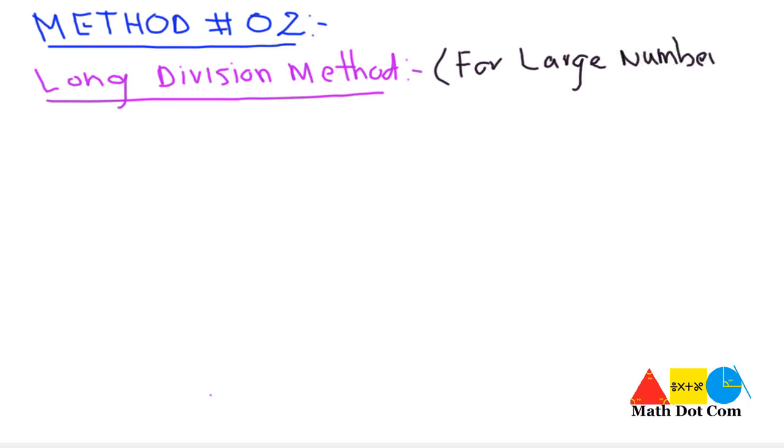So we use the long division method for large numbers so that you can easily evaluate the HCF in a very short time. Otherwise, by means of prime factorization, you will have to find the factors, and finding factors takes too much time.